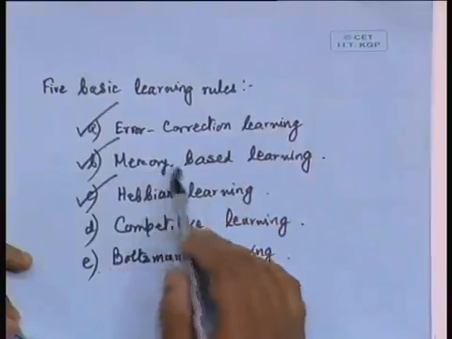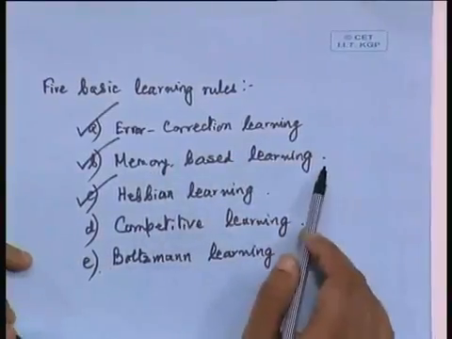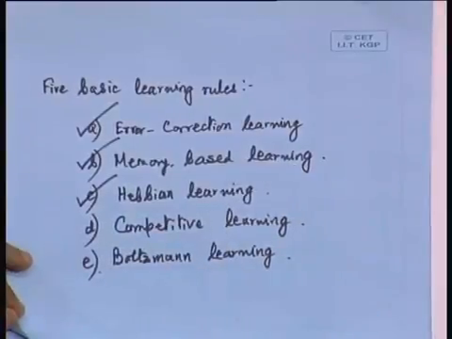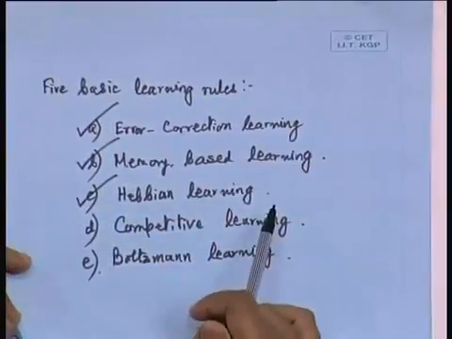In fact, as you had seen in the last class, we can define 5 basic learning rules, and out of that, error correction learning and memory based learning we have already discussed, and it was Hebbian learning which we were considering towards the end of the class.